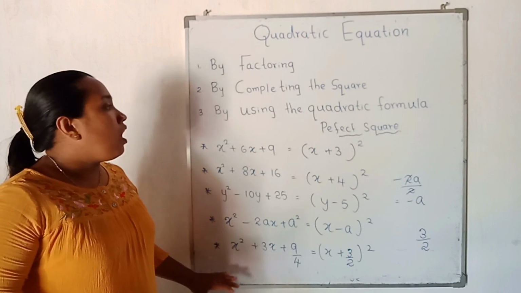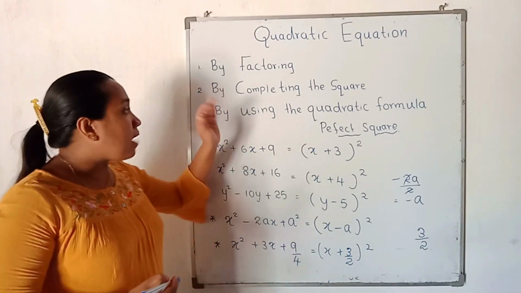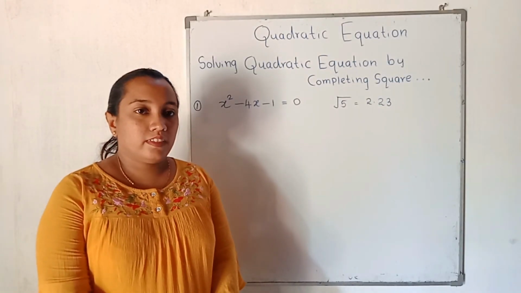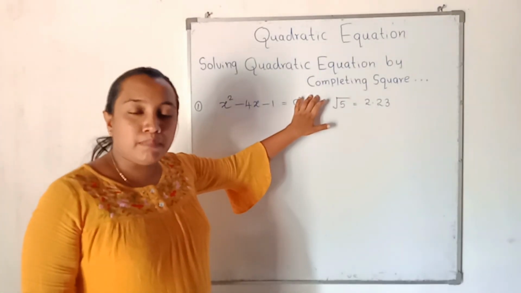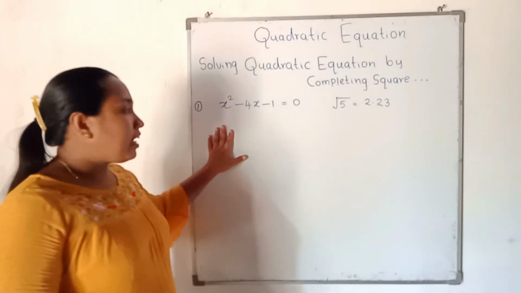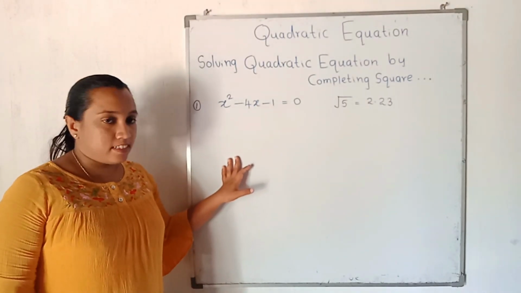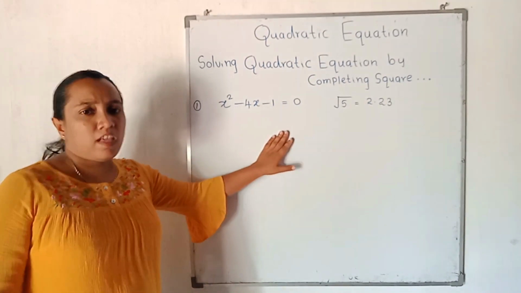Let's see how to solve quadratic equations by the completing the square method. Solving quadratic equations by completing the square. When a quadratic equation is given, it contains three terms: x squared minus 4x minus 1.